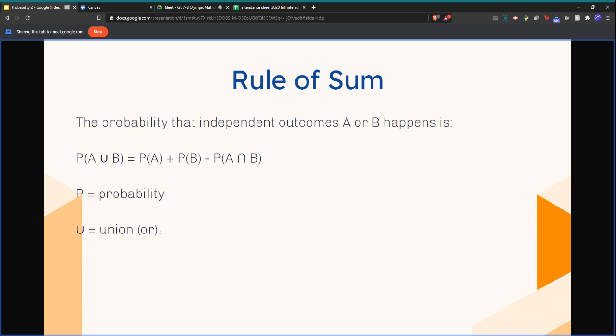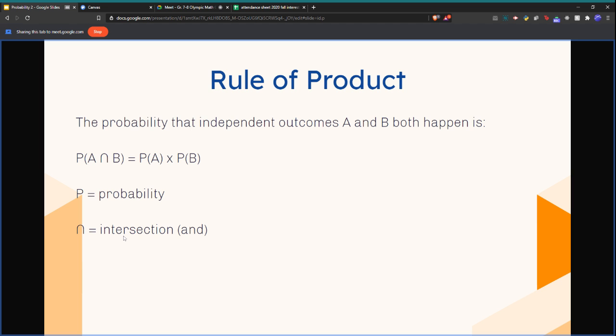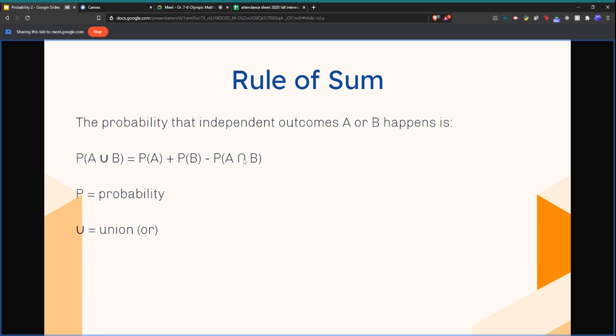So the probability that A or B happens is equal to the probability that A happens plus the probability that B happens. But then you also have to subtract the probability that A and B happens. Remember, this upside down U stands for intersection, so and. We have to subtract that from the sum of A and B.